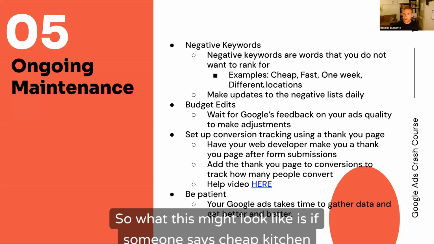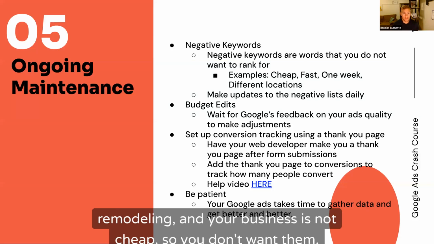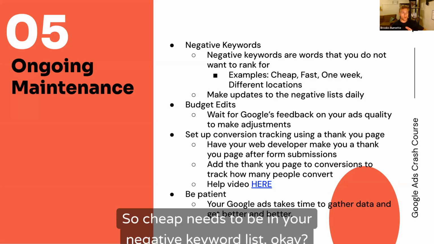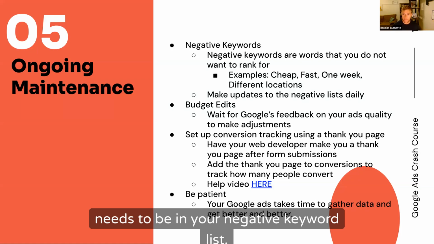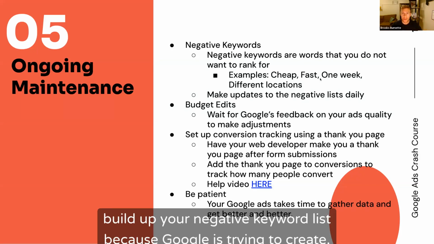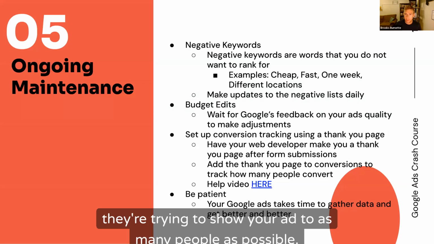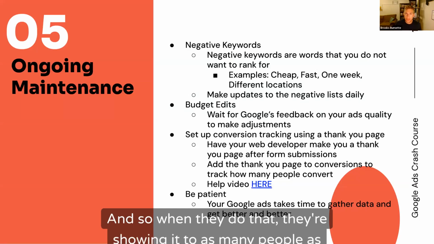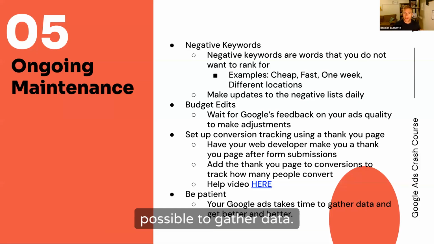So what this might look like is if someone says cheap kitchen remodeling and your business is not cheap, you don't want them. So cheap needs to be in your negative keyword list. And this is something that every single day you're going to have to build up your negative keyword list because Google is trying to show your ad to as many people as possible, to gather data.